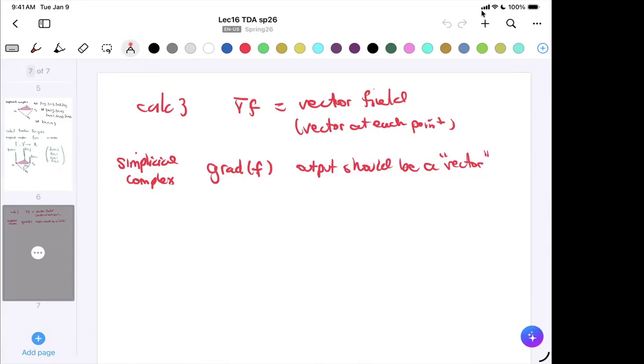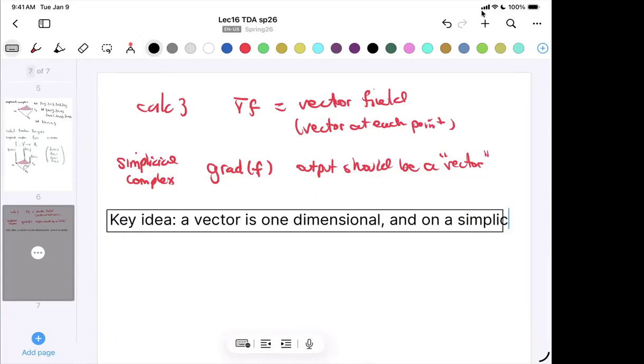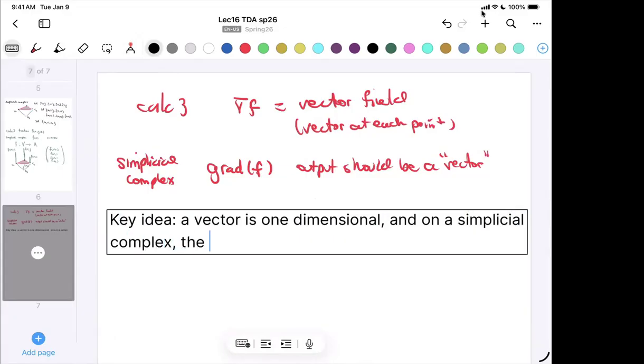So the key idea is that a vector is one-dimensional in some sense, and on a simplicial complex, the edges are one-dimensional.